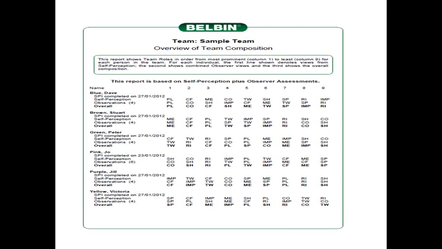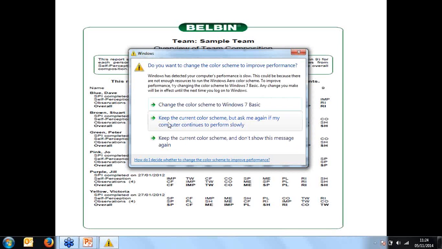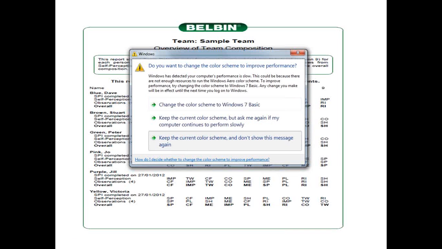So for example, Dave Blue here has 4 observers, and his overall team role is plant, coordinator, completer finisher, and his least preferred would be 7, 8, and 9 here. So you would have the names of the team roles here. I apologize for that little screen popping up here. Okay, so you would have the different names.